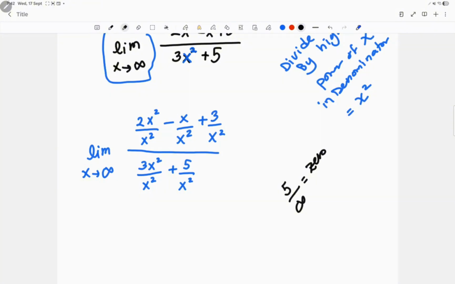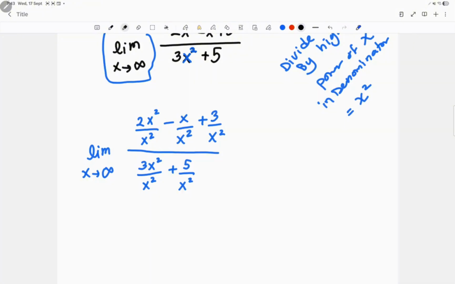If you want, try in the calculator, divide 5 by 10 to the power of 12. I'm assuming you'll get a 0. Okay, very small number. That's like almost a 0. Just say a 0 in math.